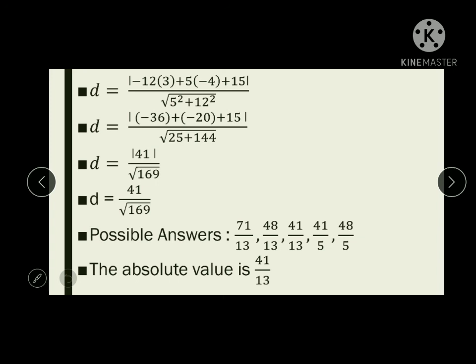And the absolute value is 41 over 13 since 169 is an exact root and perfect square. And that's the final answer. The answer is 41 over 13 units na siya.